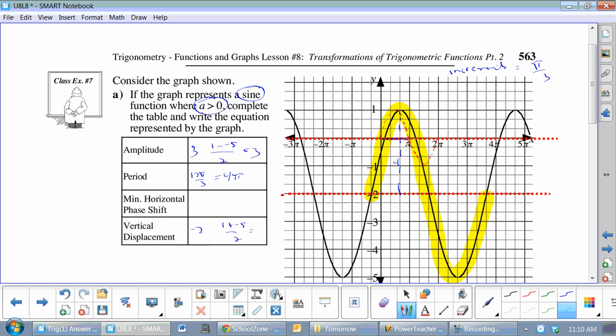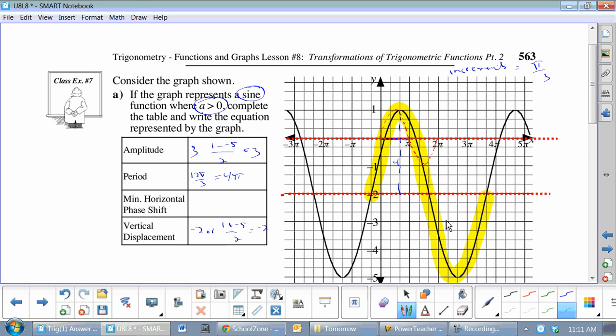And that gives you the answer, negative 2. So, amplitude is max minus min. Vertical displacement is max plus min. So, it's like an average, right? It's the middle, the average. We always add numbers together when you find the average.